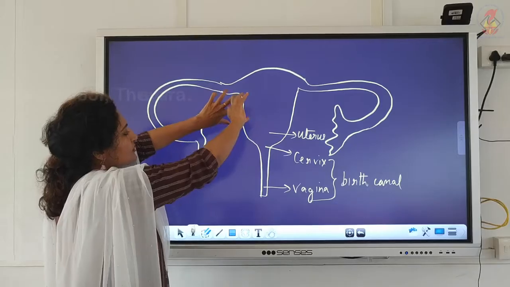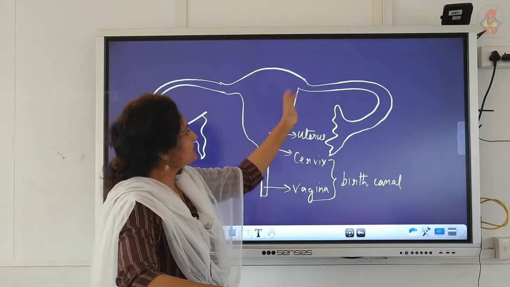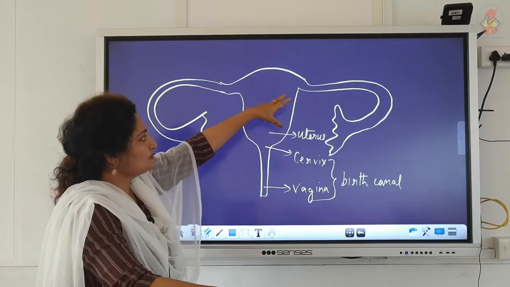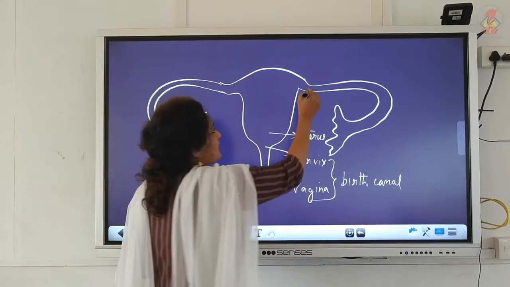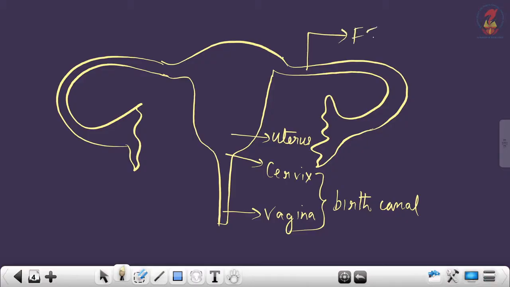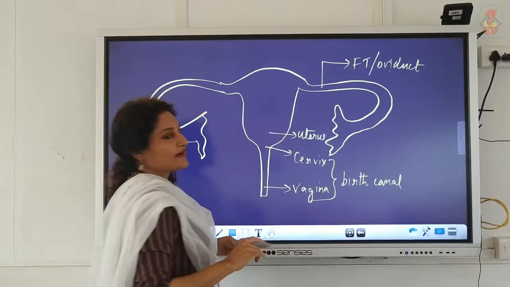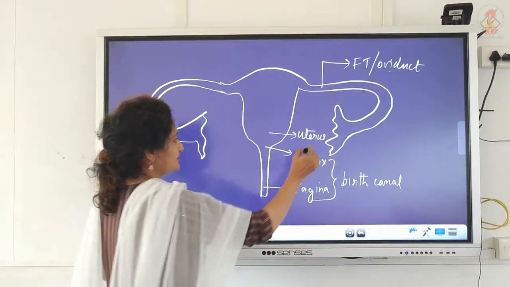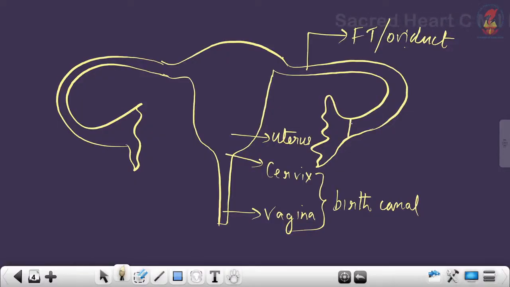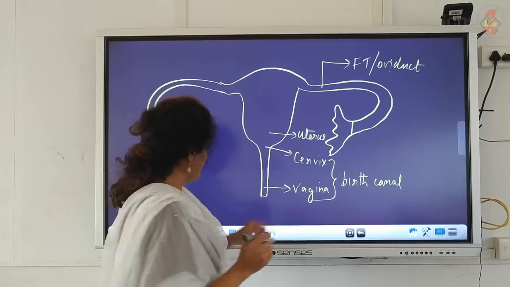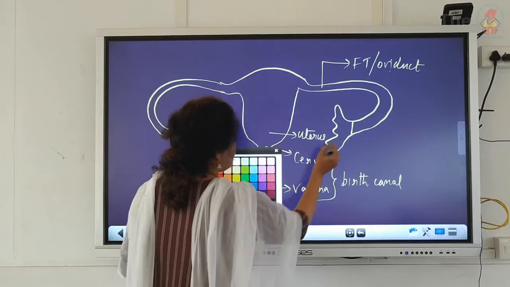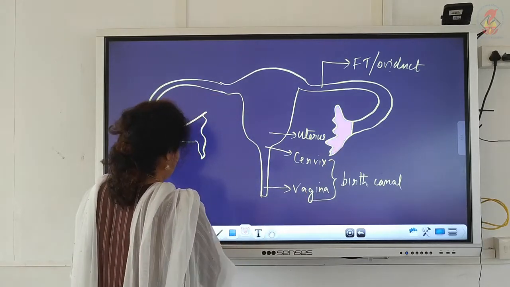And from both sides of the uterus, from the right and left side, there are two tubes, and these tubes are called the fallopian tube or oviduct. Now the fallopian tube is divided into three regions. The hind end, which ends like a funnel, is called infundibulum.